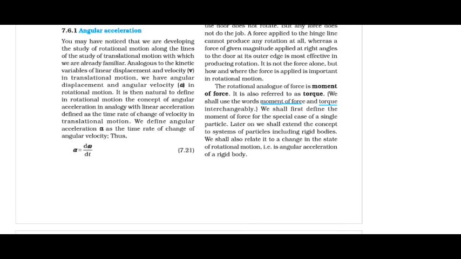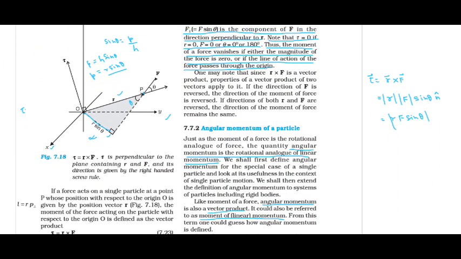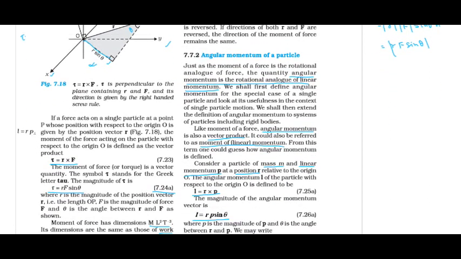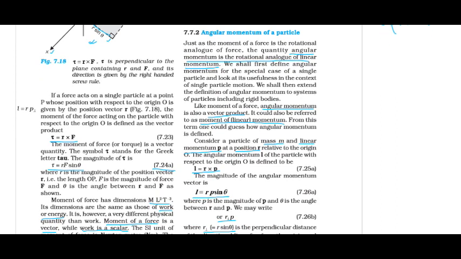After that we studied that torque is nothing but the moment of force about a point. Tau is equal to position vector r cross F. So it is a cross product of the position vector and the perpendicular force.